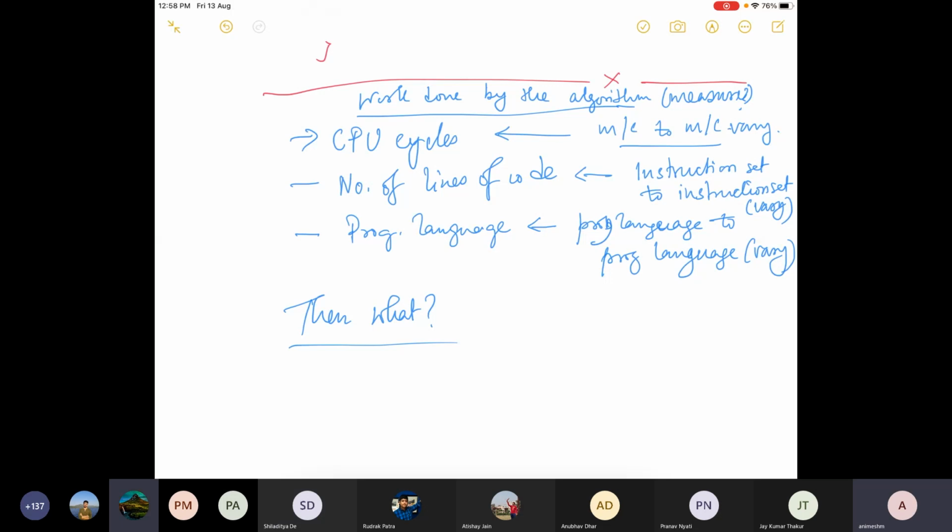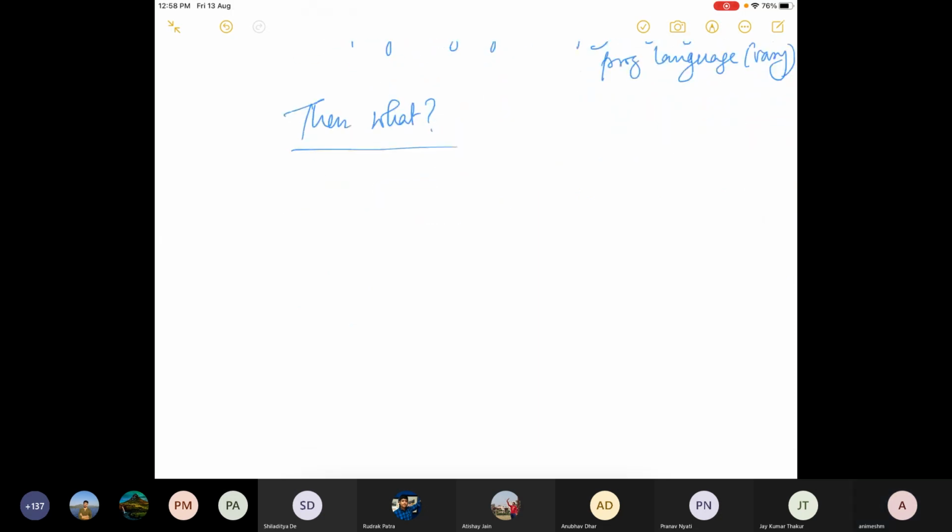So number of operations. Which calculations, basic calculations? What operations? Assignment. Increment.